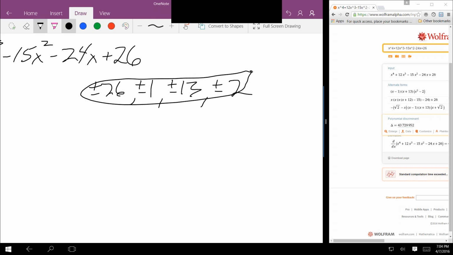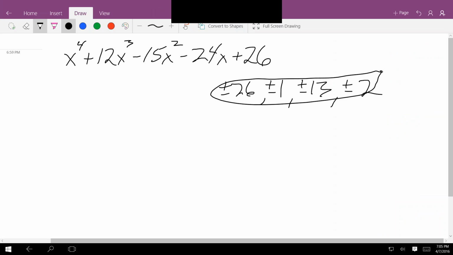Now, after I found 1, if I had to do this the hard way, I would start with 1, it would work, and then I would have a cubic remaining. In other words, if I take away one of the linear factors, I'm left with a polynomial of 1 degree less.